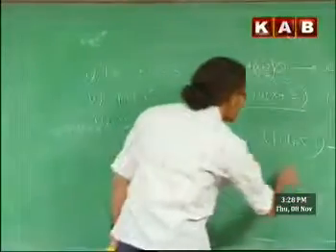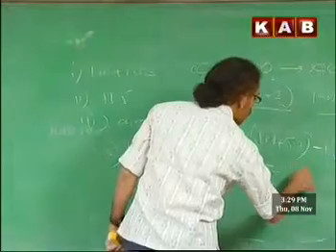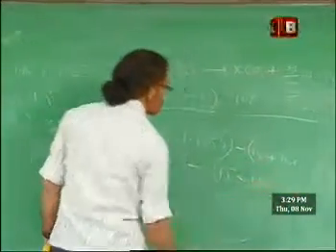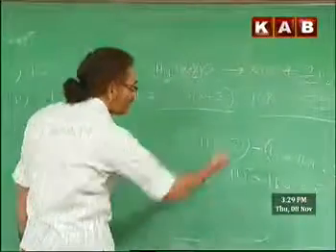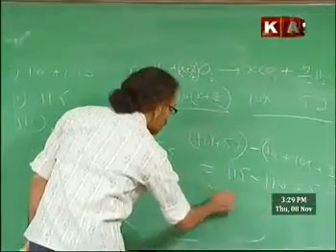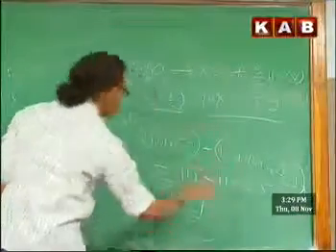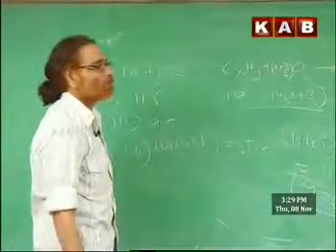And this difference is equal to 115 minus 110, which is 5. So in this solution, x cancels. Therefore, y equals 6. I get simply y equal to 6.